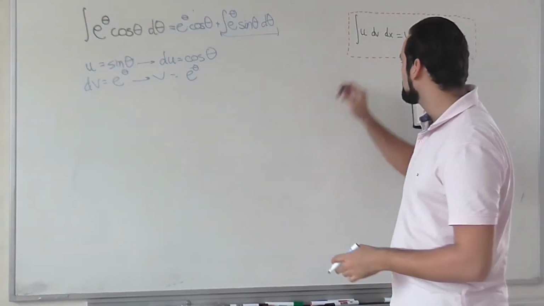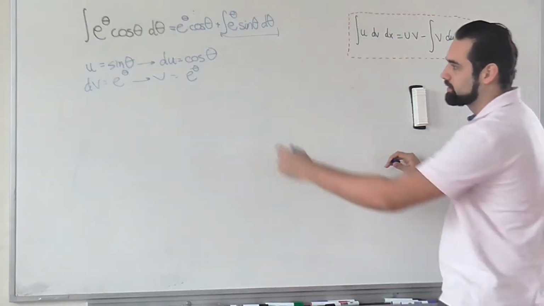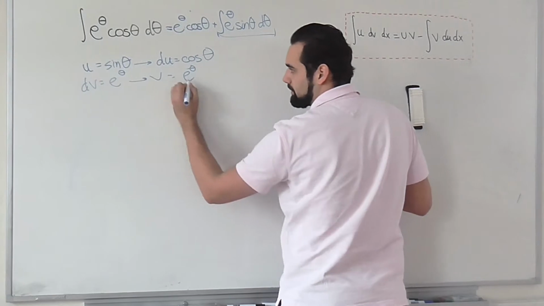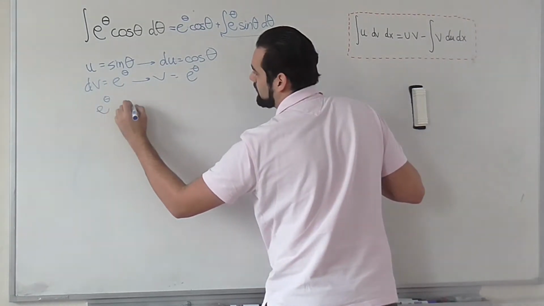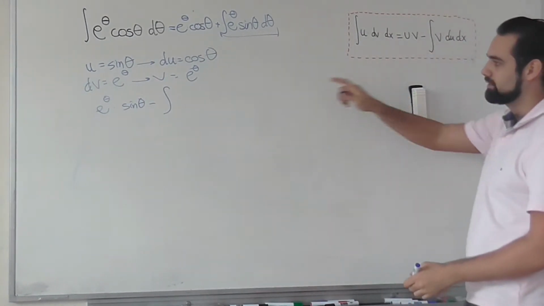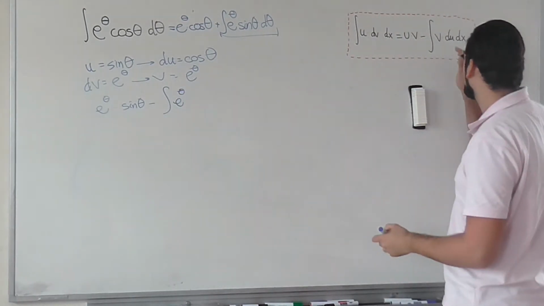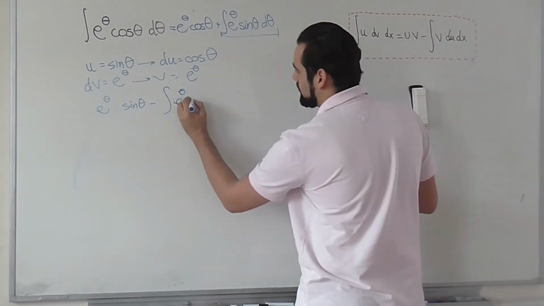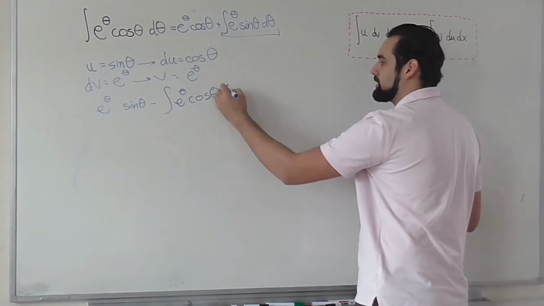And then we just plug in the values again in the expression. So it's going to be u times v, so e to the power of theta times the sine of theta, minus the integral of v. V is going to be that part over here, e to the power of theta, times du. Du is the cosine of theta. And this is differential of theta.